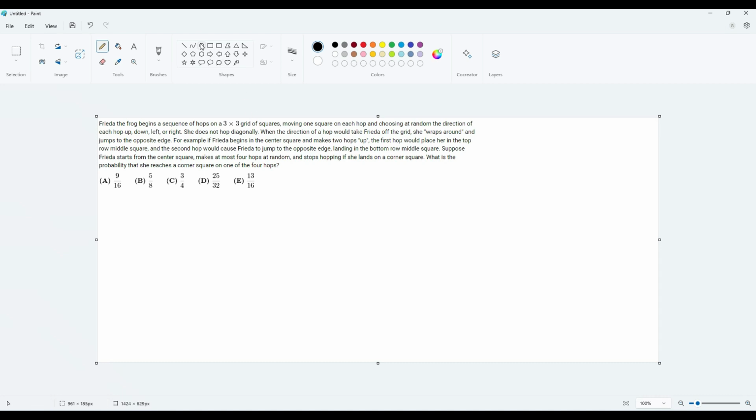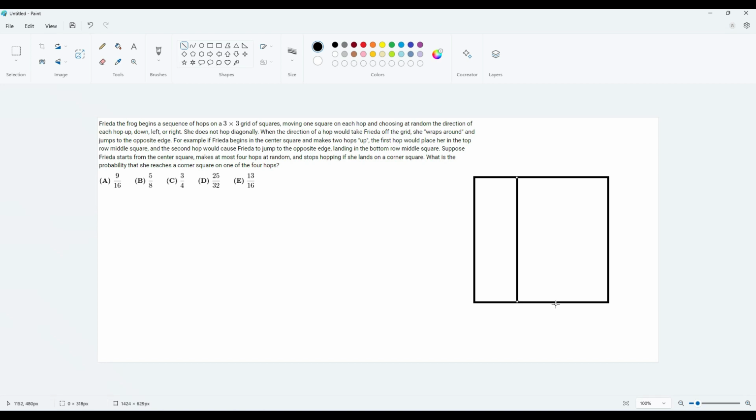Our first step, which is crucial in solving this, is visualizing the problem, as I don't really understand what this means without a proper way to visualize it. So we're just going to quickly draw the 3x3 grid that the problem describes.